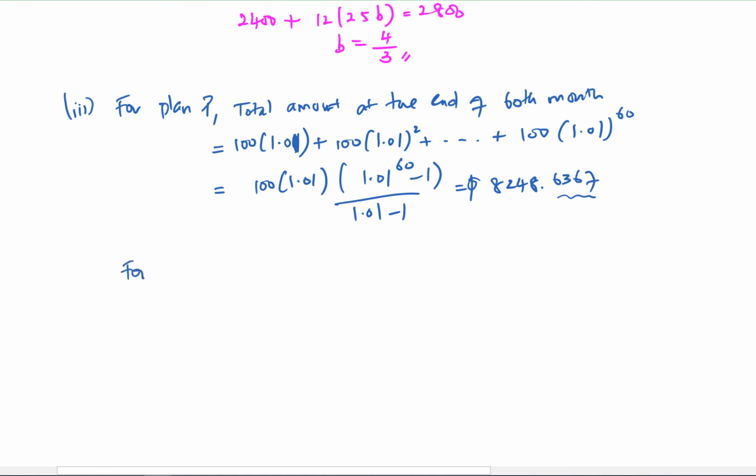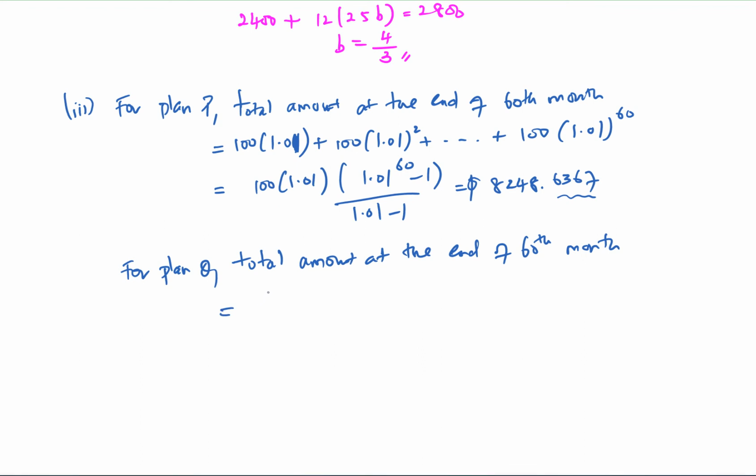Now for plan Q, the total amount at the end of the 60th month will be 60 times 100, because each month you add 100, n times 100, plus B plus 2B plus all the way to plus 60B.